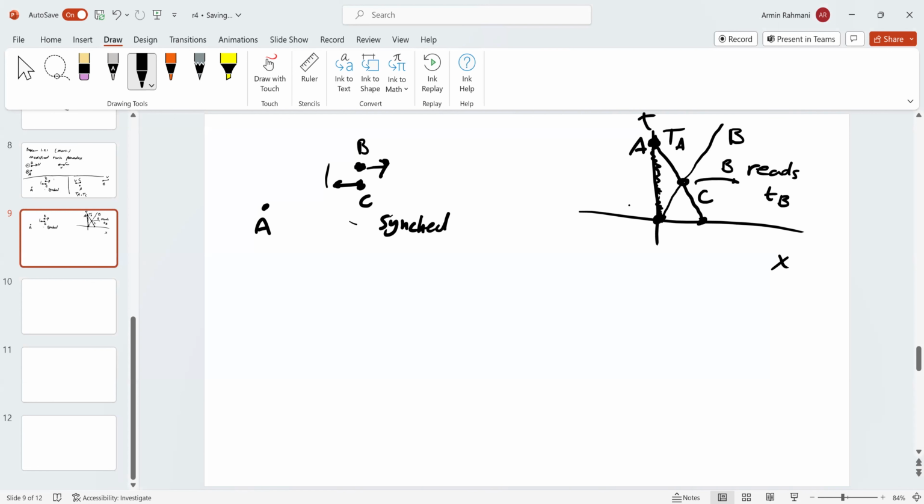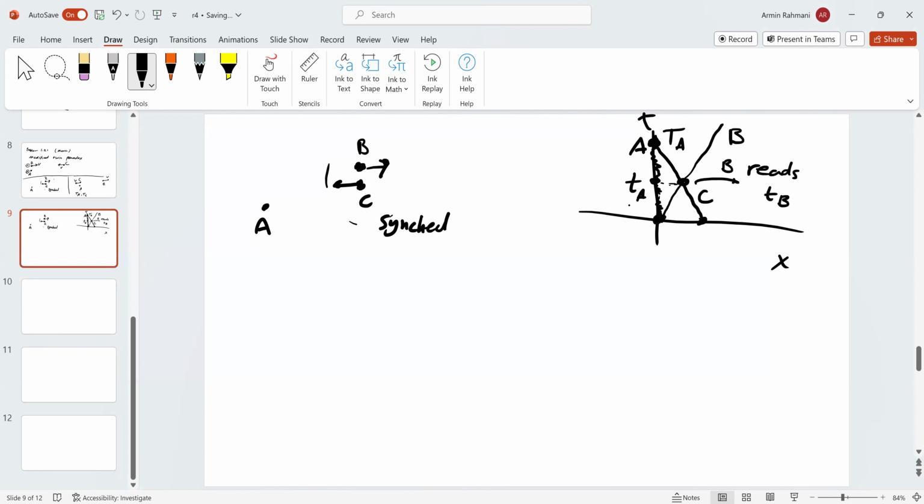So that means C will also at that point read the same, little t sub B. But this point corresponds to a time here. So let's say that's TA, what A reads.